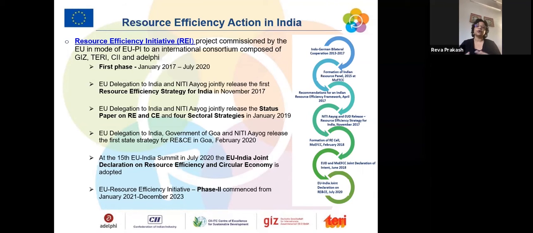So EU and India, given the work that was already happening under the resource efficiency initiative, also then agreed on a joint declaration on resource efficiency and circular economy, which will also lead to a partnership between EU and India for taking forward this work in the next few years. And we are now in the second phase of the resource efficiency initiative, and it will act as one of the key vehicles for taking forward that work.